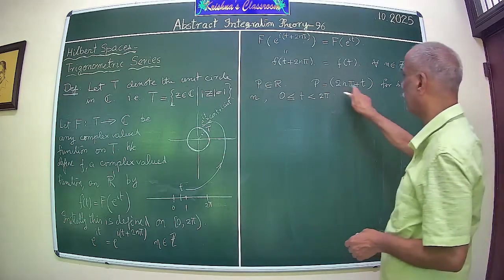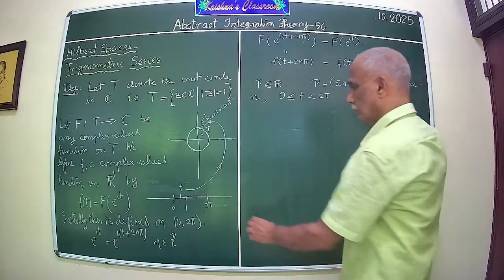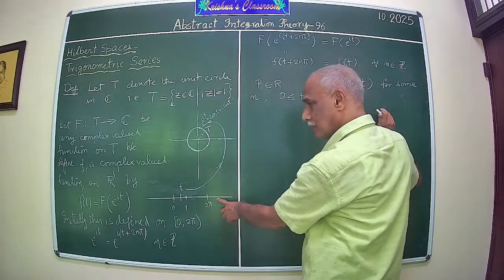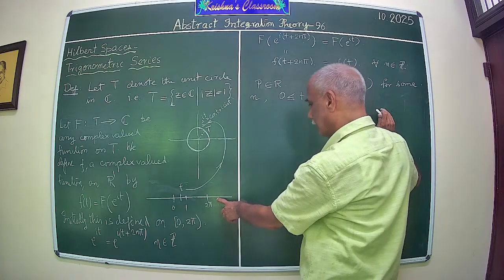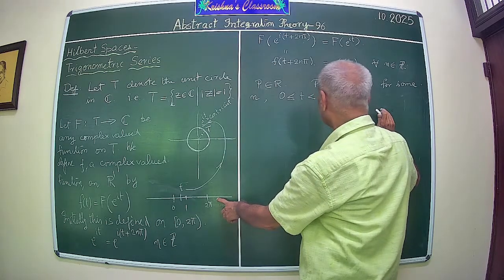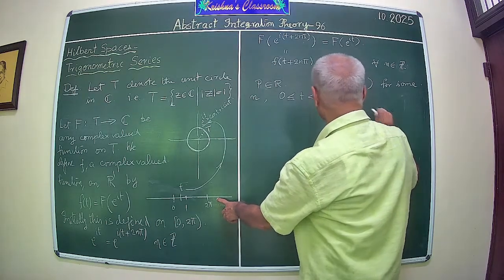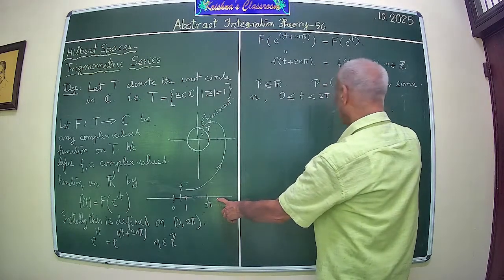This is the remainder when you define: P is a real number, and that real number divided by 2 pi gives this remainder.